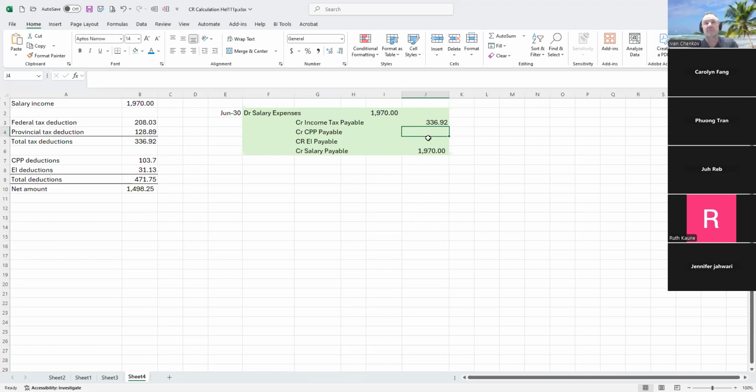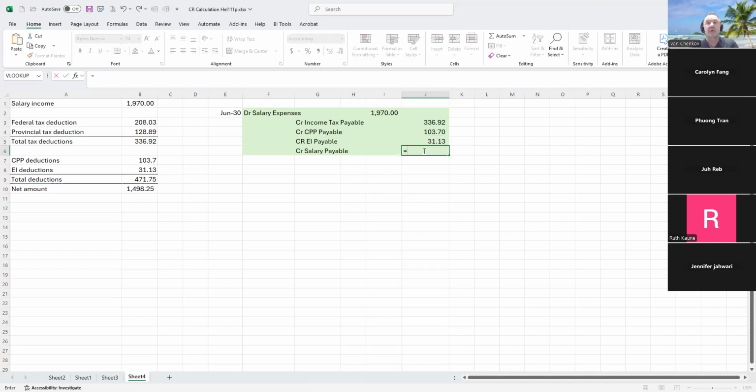Canada Pension Plan comes. By the way, from the money that you're planning to give to your employee, take out 103.70 and give it to me. Then employment insurance comes. Are you planning to pay your employees? Yes, I'm planning to pay. How much are you planning to pay them? 1,970. Now, from those 1,970, give me 31.13.